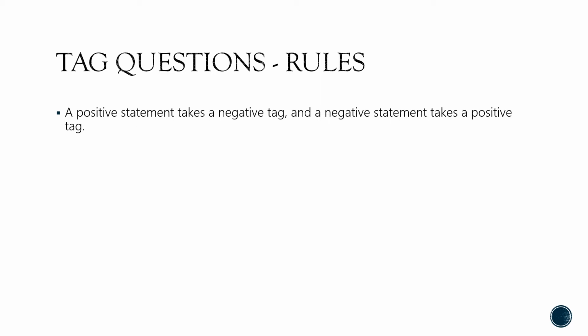In other words, the tag will have a not in it, and vice versa. He is not well, is he? He is well, isn't he? Now, here, note the positive statement and the negative tag, and the negative statement and the positive tag. That's it.